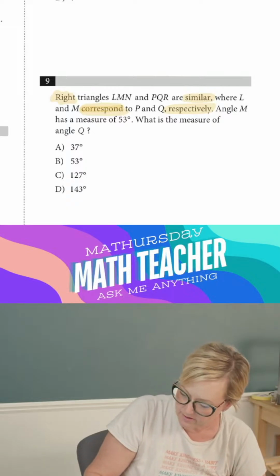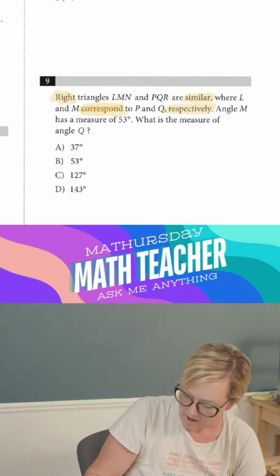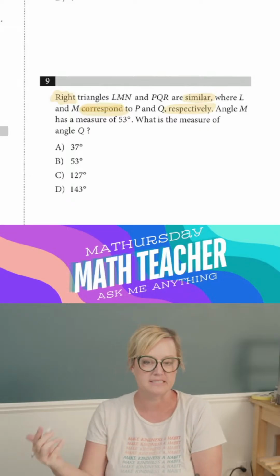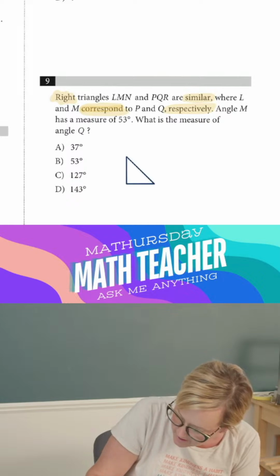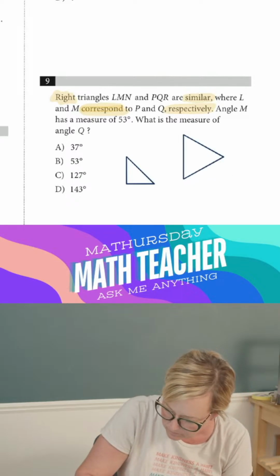We've got right triangles LMN and PQR are similar. Similar means they're the same shape but different sizes.